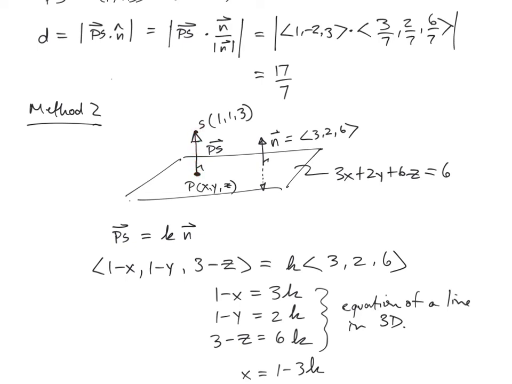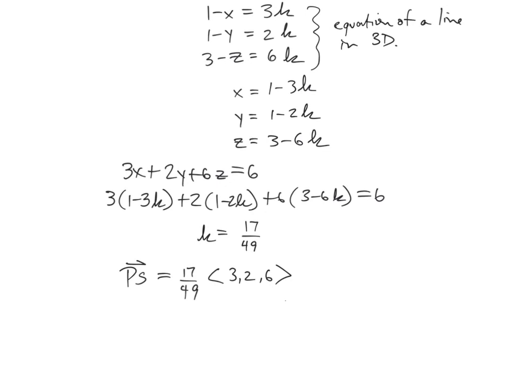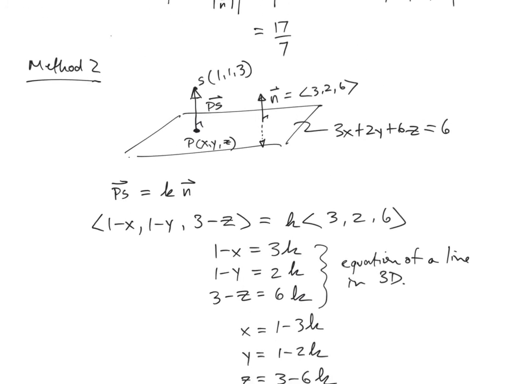So now all I have to do is find the magnitude of PS. And when you do that, you get 17 over 7, which is the same as we got with method 1, right? Yep, 17 over 7.